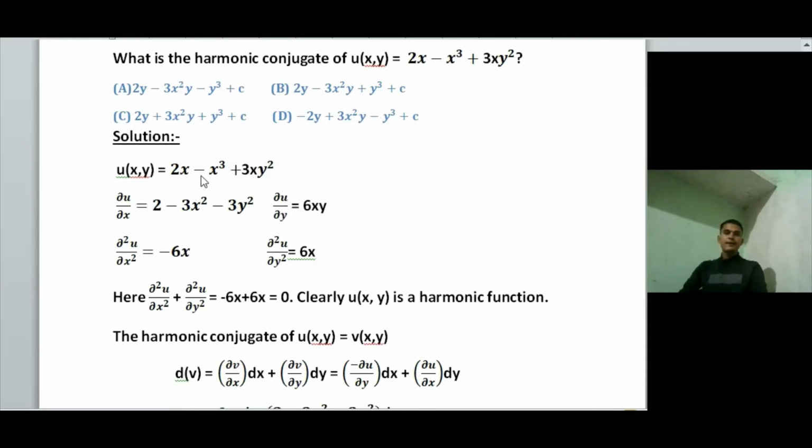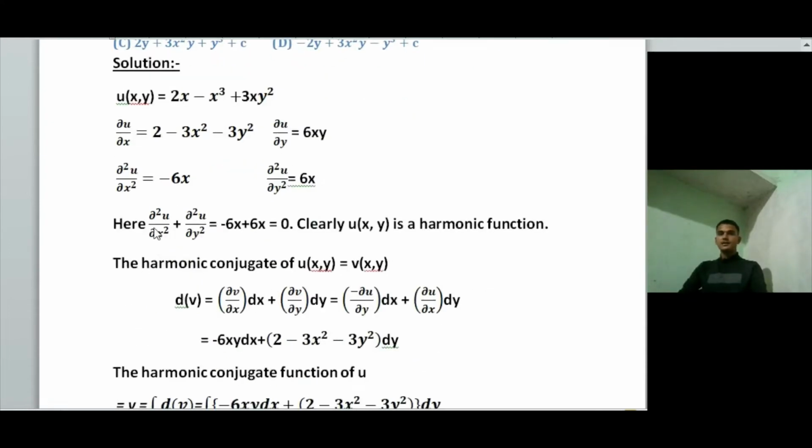The x term is 0, x is constant here, and the derivative of 3y square with respect to y is 6y, so this is 6xy. And derivative of this is 6x, because the y term is constant so this is 0. And the derivative of 3y square with respect to x is 6x, and del u by del y is 6xy, so it is 6x.